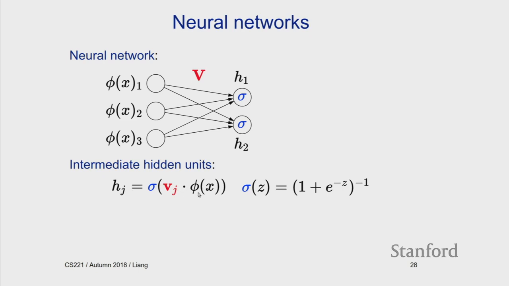You can think about these as solving subproblems. Then you take a linear combination of these, w dot h, where h is the vector of these activations, and that produces your score. So these equations, the hj and the score, are a full specification of what a simple 2-layer neural network is doing.